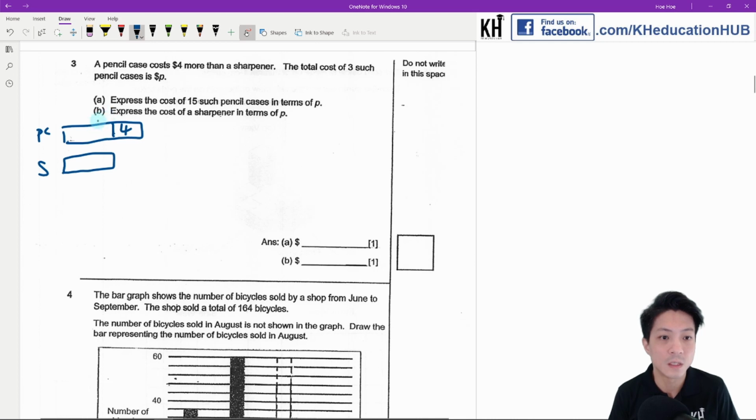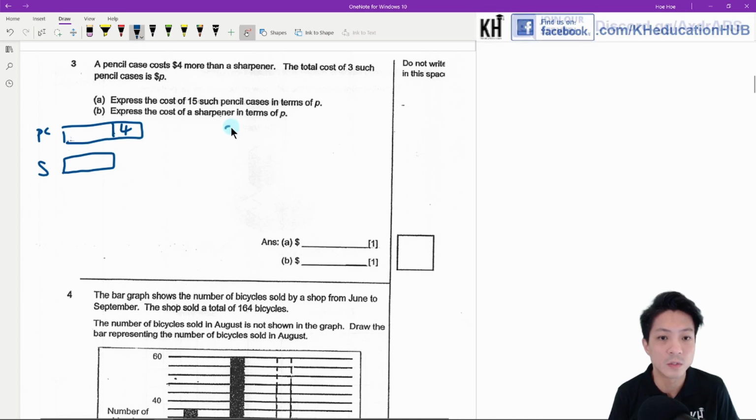Now you have to treat this as the total cost of 3 such pencil cases, P dollars.